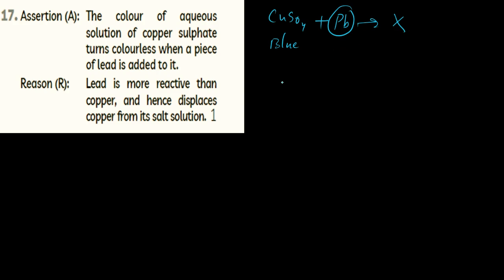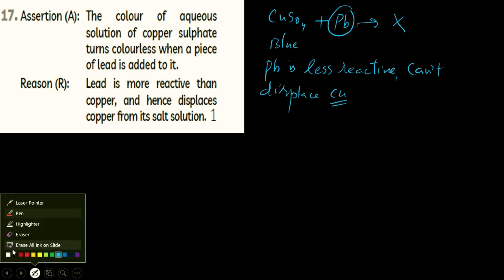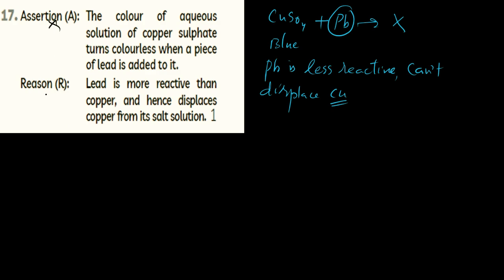No product. Lead is less reactive, so cannot displace copper from copper sulfate. So this reaction will not happen. So it means that this is also incorrect. Reason is also incorrect. Okay, so option D may be your answer.